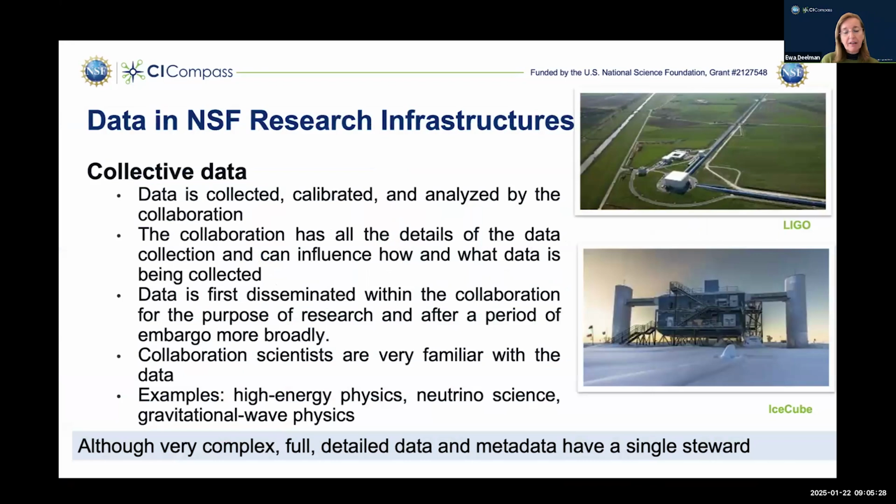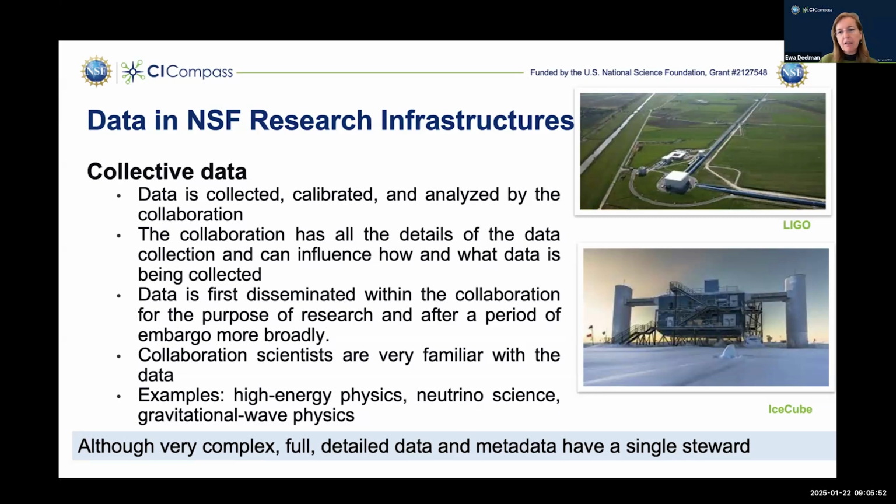So when we talk about the data within the major facilities, the research infrastructures, a helpful way, at least for me, is to look at the data in terms of who are the actors in the data collection, in the data acquisition, in the use of data for generating science, and in data publication.